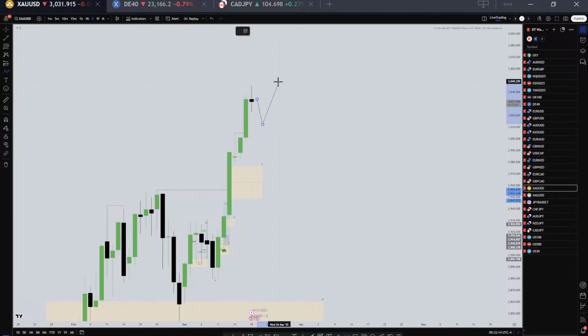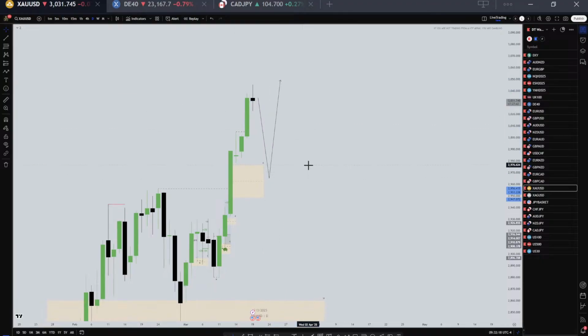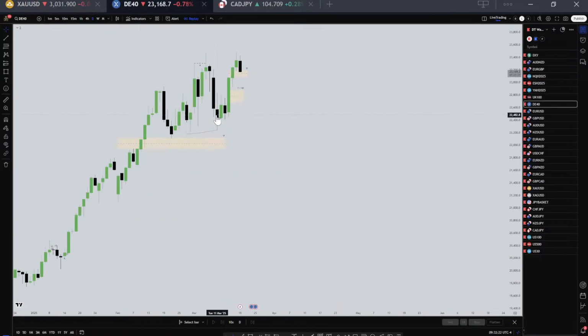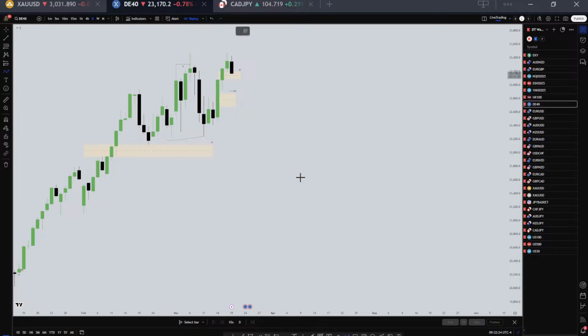One will be from here or from here. Similar to the DAX, the German index. Or from here or from here. And we're just going to wait now to see which one will be better.